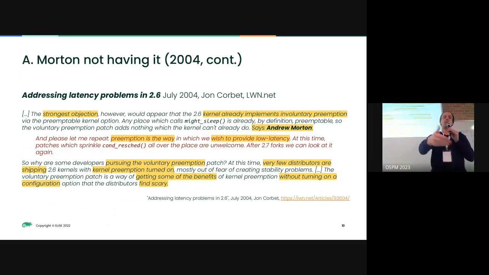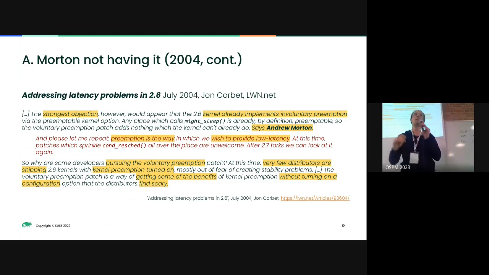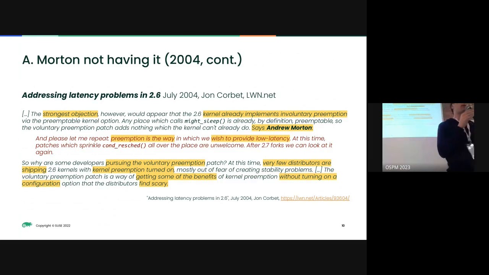So this is Jonathan Corbet writing: the strongest objection to the voluntary patch, however, would appear to be that the 2.6 kernel already implements involuntary preemption. So Andrew Morton said, we already have that. We have full. We don't need your stuff. Via the preemptible kernel option, any place which calls might_sleep is already, by definition, preemptible.